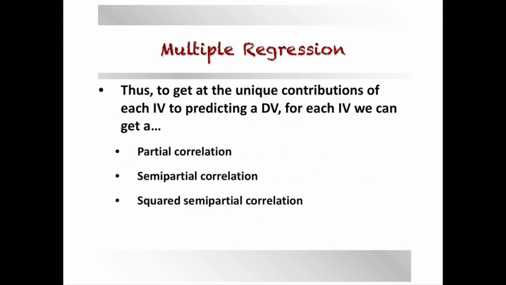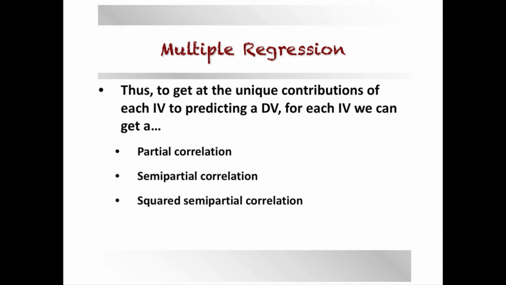To get at that, we have these additional statistics: partial, semi-partial, and squared semi-partial correlation. What these do is parse out the unique relationships between each IV and the DV. It allows us to do it in the context of a multiple regression, and saves us a little bit of work, for example, not having to run separate regressions with each IV separately.